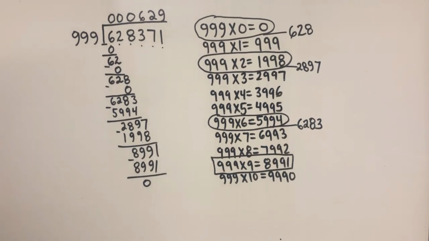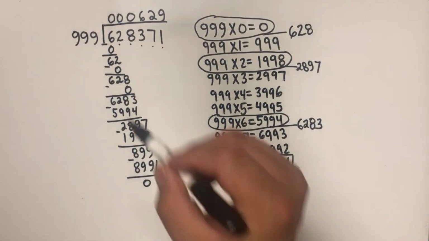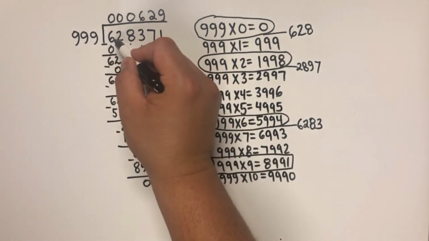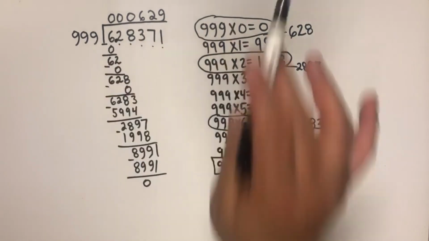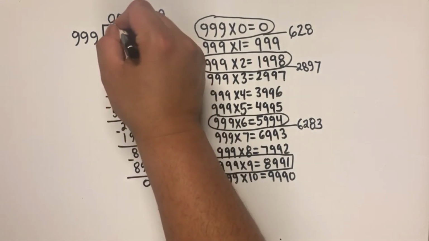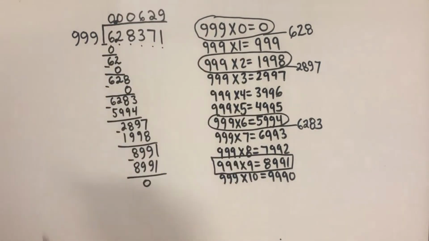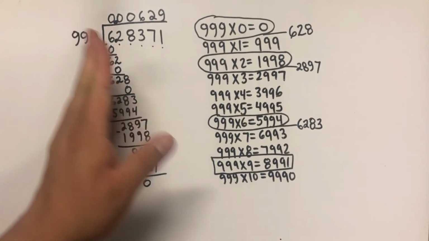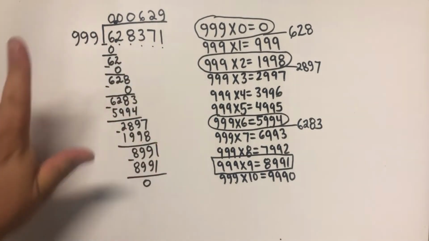For example, if the decimal point is, say, right here, 6.2, the rest is the same. The only thing you do is you bring up the decimal point and pretend as if the decimal point is not there and work through the division as if it's not there.